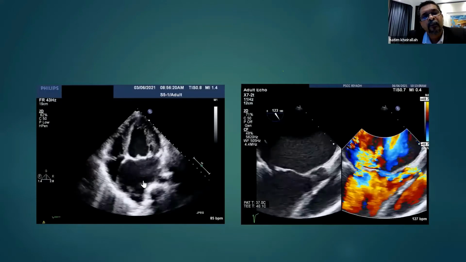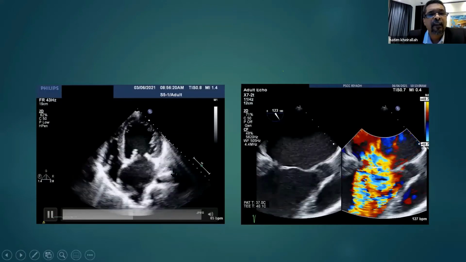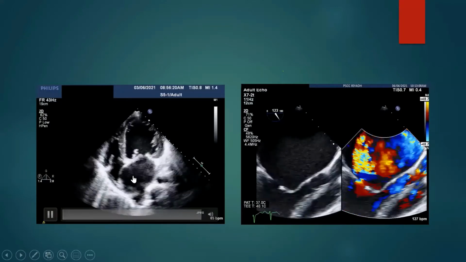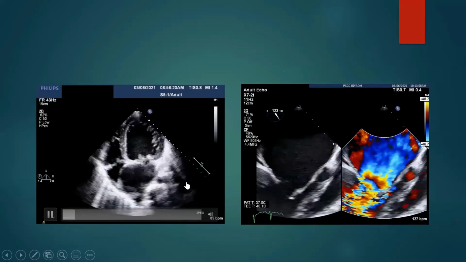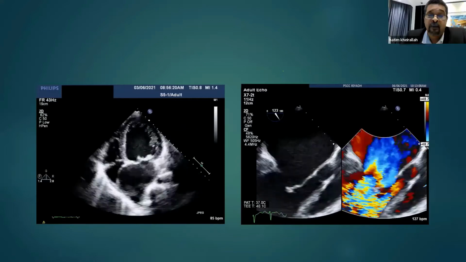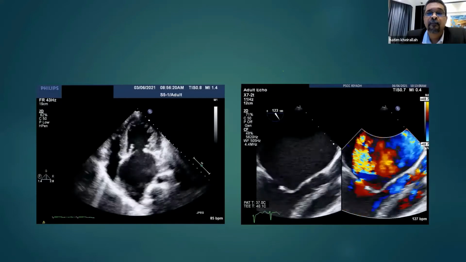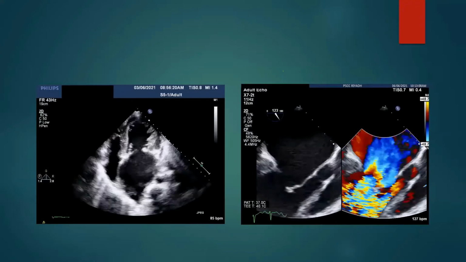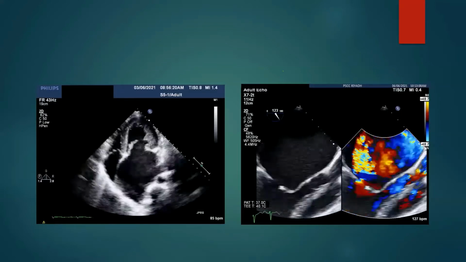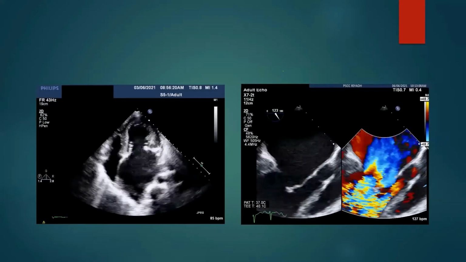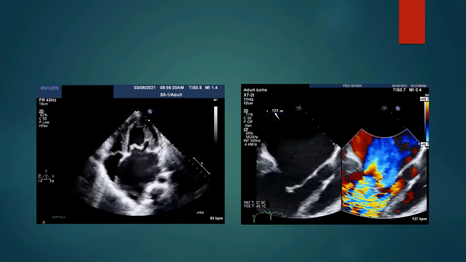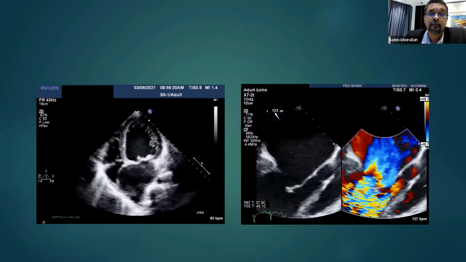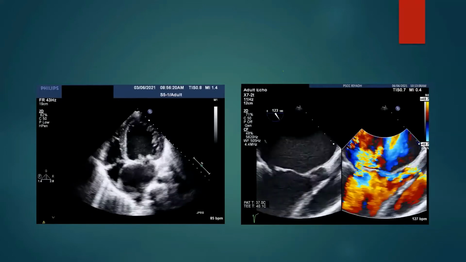Now, for infective endocarditis, what other complications are you expecting to happen to the valve? The valve can have an abscess. Okay, an abscess. Fistula, pseudoaneurysm. If the valve is a prosthetic or mechanical valve, it can get stuck. Okay, good. Or paravalvular leak also.